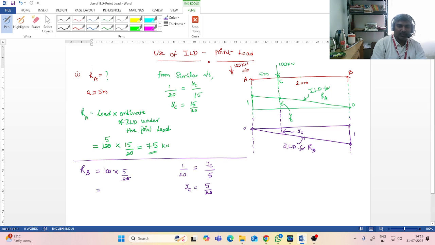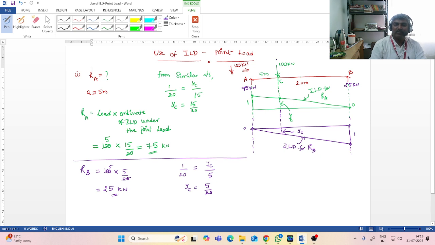So this 20 goes for 5 here, 25 kilonewton. So from the ILDs you have calculated the reaction values, which are 75 kilonewton and 25 kilonewton.